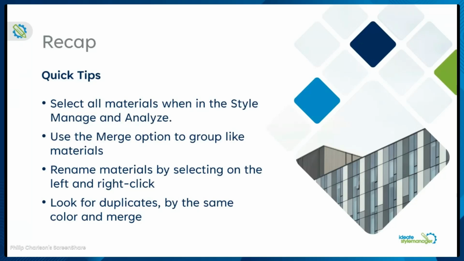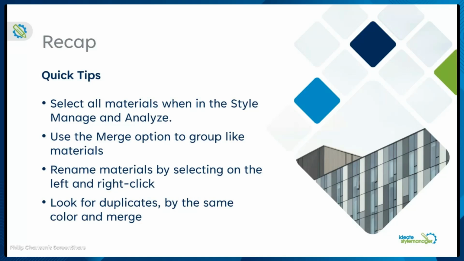It may take a minute or two, depending on how many materials you have, but it's good to see where we are currently at with these materials. Are there a lot of things that could be combined into one to shrink wrap the list? We want to use the merge option to group like materials.